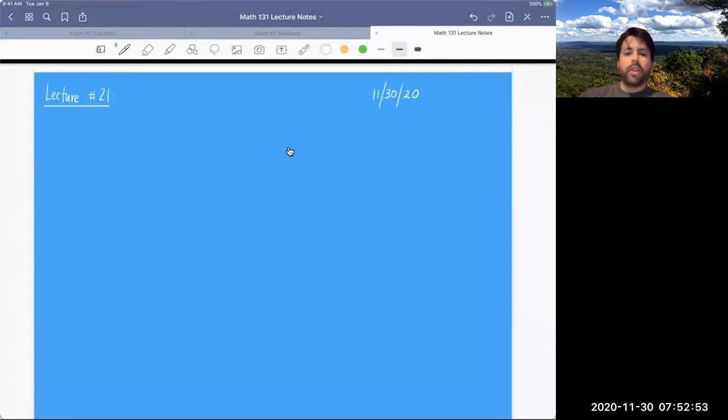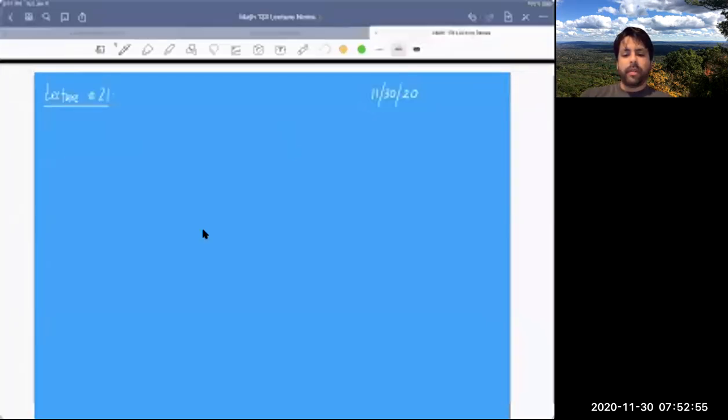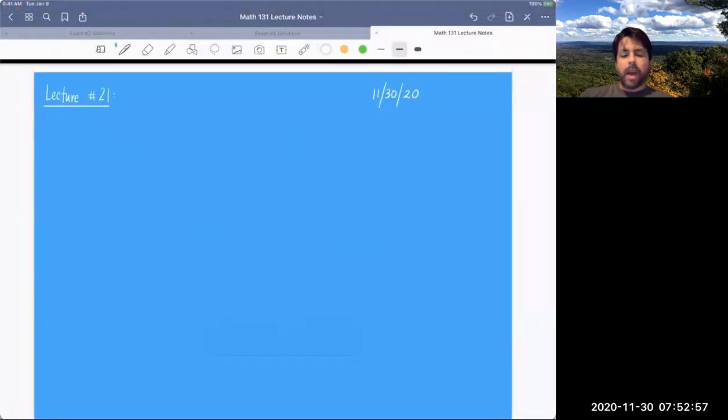Okay, so we're going to be talking about optimization. So the big topic is optimization. It's the big one. But we're going to first touch upon what's called absolute extrema.